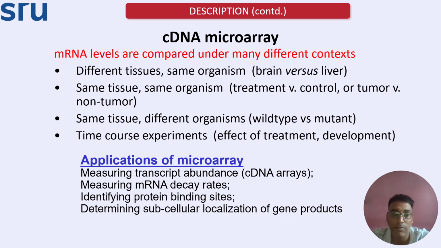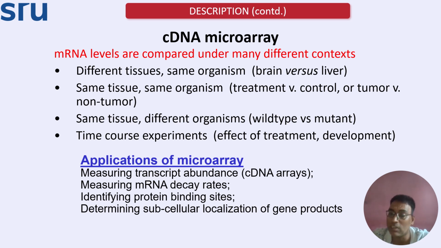Same tissue, same organism, like treatment versus control or tumor versus non-tumor. Okay, different conditions. Same tissue, different organisms, meaning wild type versus mutant. I'm mutating a certain tissue. So in different organisms, how things have worked out.